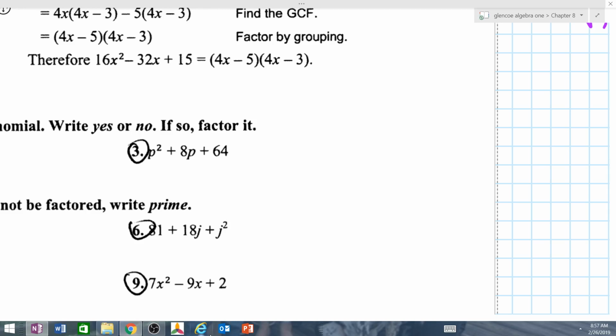Okay, p squared plus 8p plus 64. Who's got an answer for me? Is it a perfect square trinomial? Who's going to be bold? Raise your hand. Come on. Anybody? It is? Why?